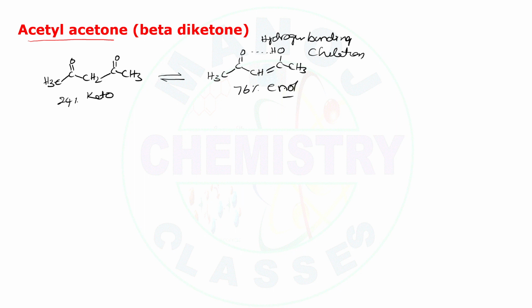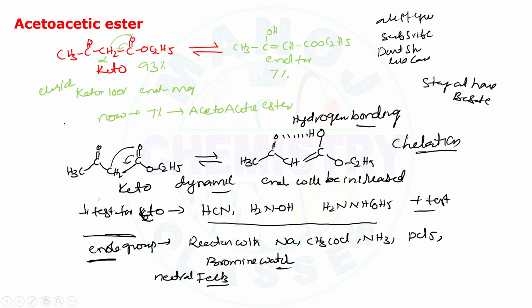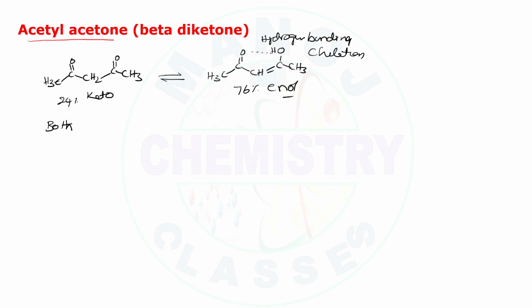In both cases, that is the acetoacetic ester from the previous class and now acetyl acetone, chelation is there. But here it is 76%, whereas in the case of acetoacetic ester only 7% enol content is there.